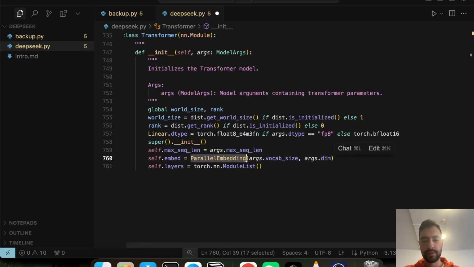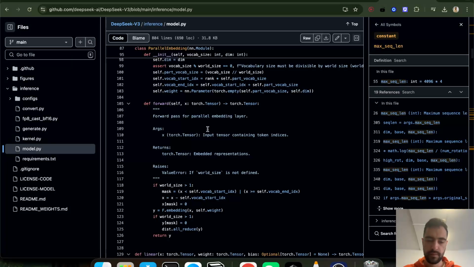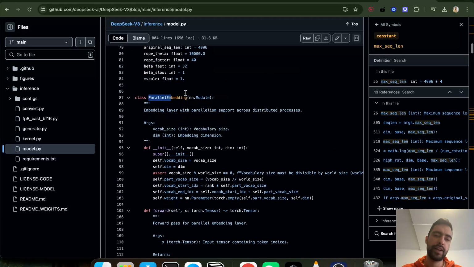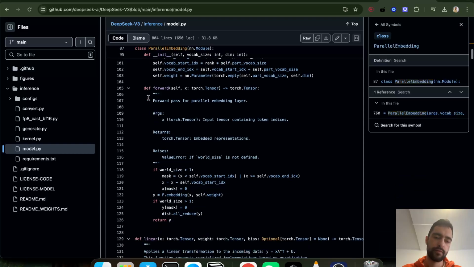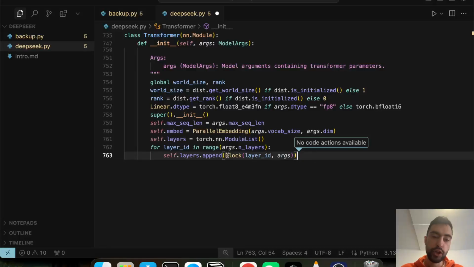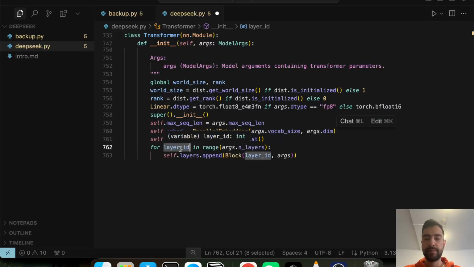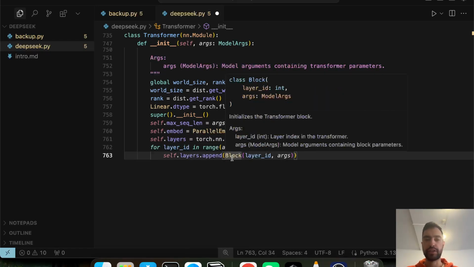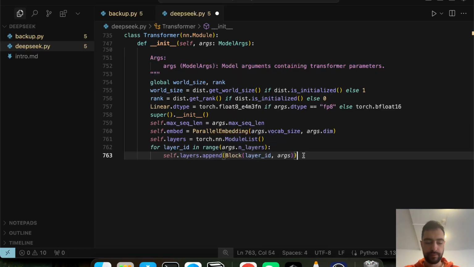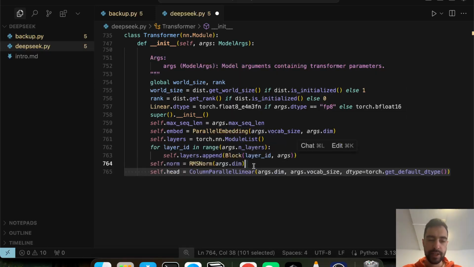This class is defined in their code. So we will define a bunch of layers, and each layer will be this block, and the block consists of MLA and MOE, mixture of experts. Then define RMS norm.